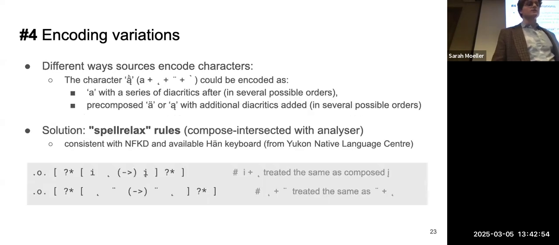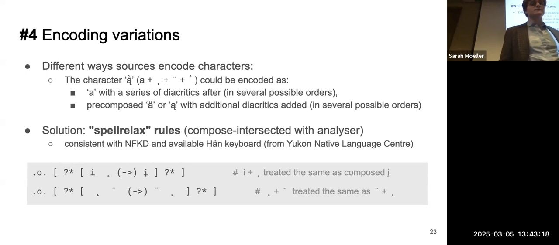Also, similarly, we hit onto a lot of encoding variation. The language has a lot of diacritics that have to be put perfectly into the transducer in order to be read. Otherwise, it counts as different morphemes and they're not going to be analyzed. As you can see, like with this A, there's a lot of different parts to it, and it can be read in different ways or typed out in different ways.